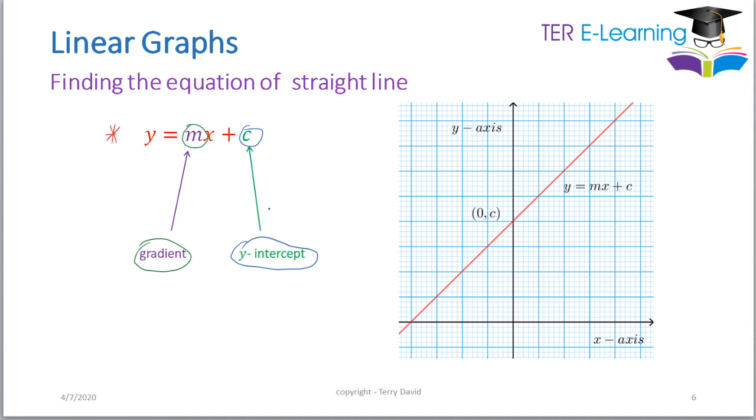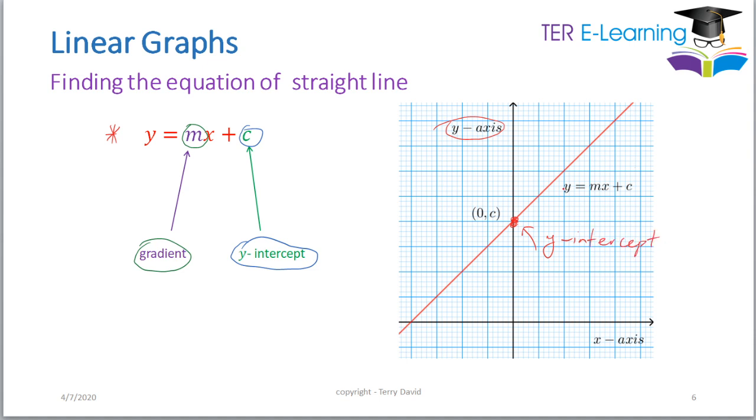On a graph paper, let's say I were to draw a straight line. The straight line would cut my y-axis at a particular point, and that point is what we call our y-intercept, because it's cutting the y-axis.